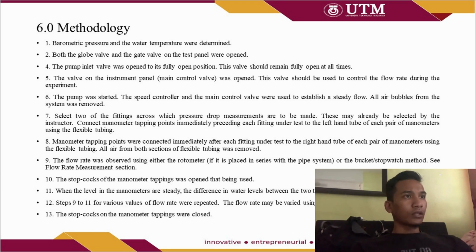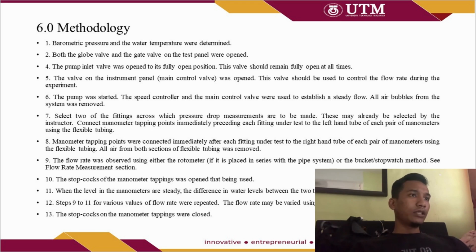Number 7, select 2 of the fittings across which pressure drop measurements are to be made. This may already be selected by the instructor. Connect the manometer tapping point immediately preceding each fitting under test to the left tube of each pair of manometers using the flexible tubing.